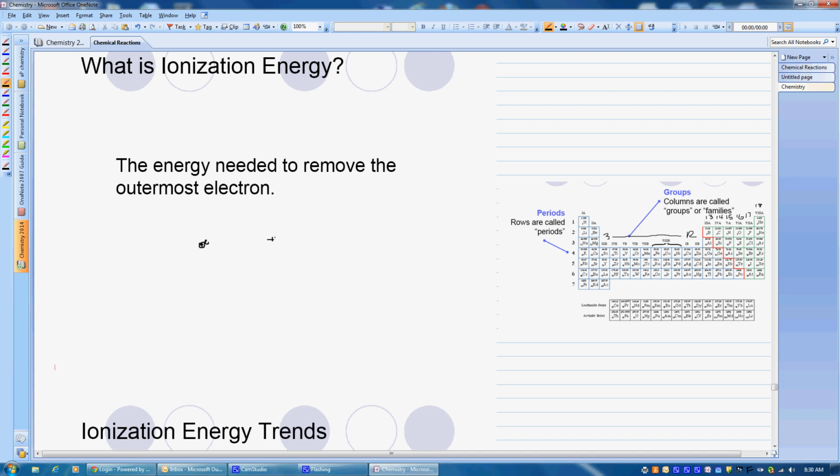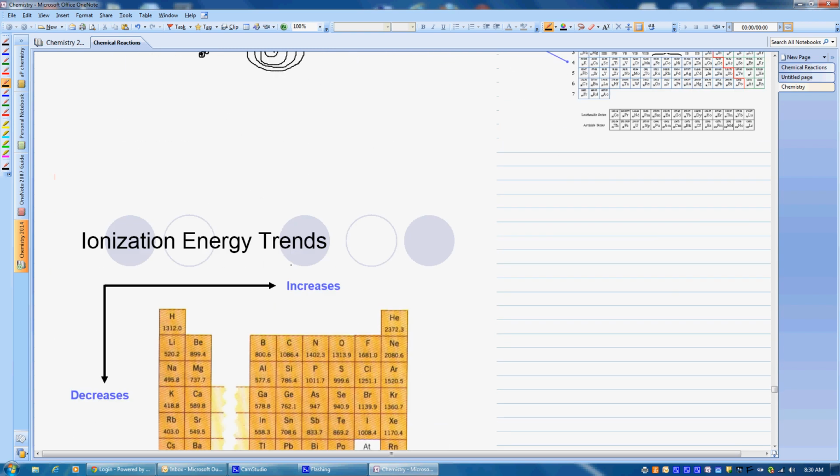If we have an atom with several levels, and our electron is way out here, this distance is pretty big. It's going to be a lot easier to take away this electron because the distance is large, and much more difficult to take away the other electron because the distance is small. So the smaller atoms are going to have a higher ionization energy. It's going to take more energy to remove those electrons than the ones from large atoms. That will help explain these trends.